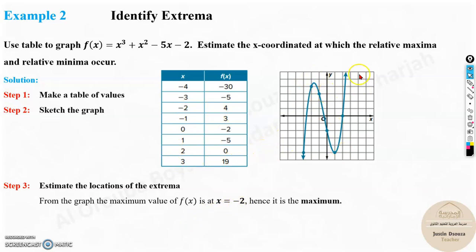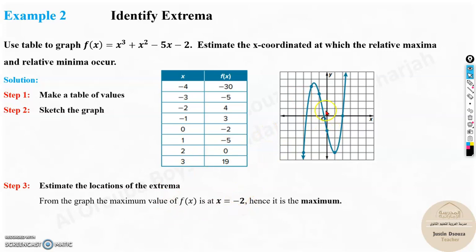Because in the graph, we can understand this is x to the power 3. So there are two turning points. Now you're not taking x equals 3. Why? Because this is going towards infinity. This doesn't matter. This is not the maximum. This is not a relative maximum. This is the relative maximum, that is at around x minus 2.